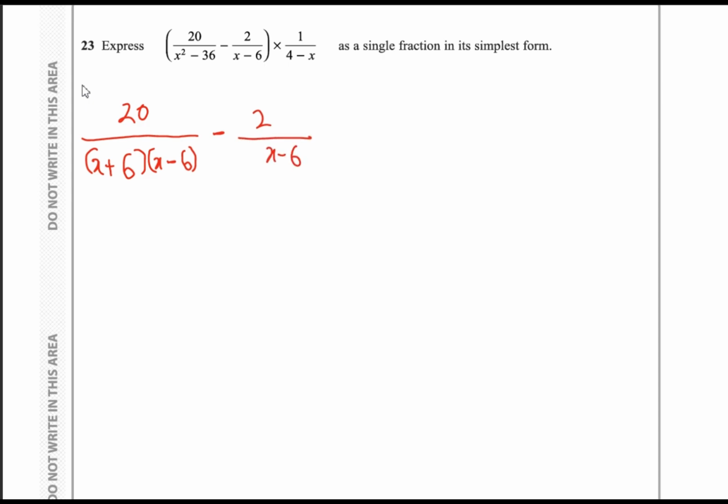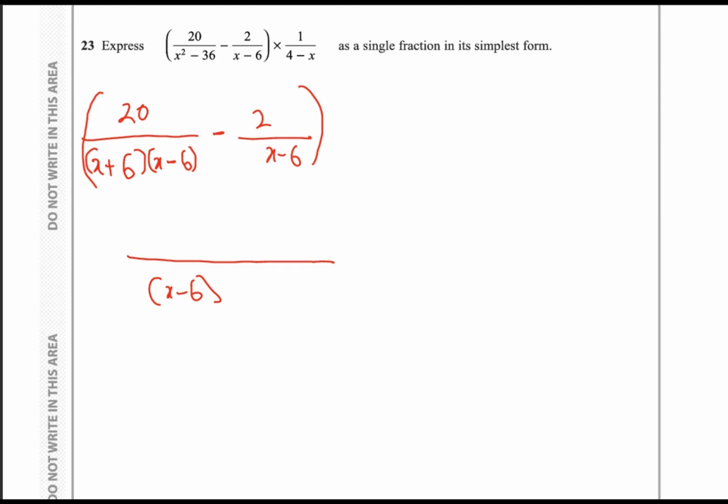So now I'll be simplifying this. What's my common denominator? Now we have x minus 6 twice, but we write it only once in the denominator. So I have 1 of x minus 6, and we also have an x plus 6.